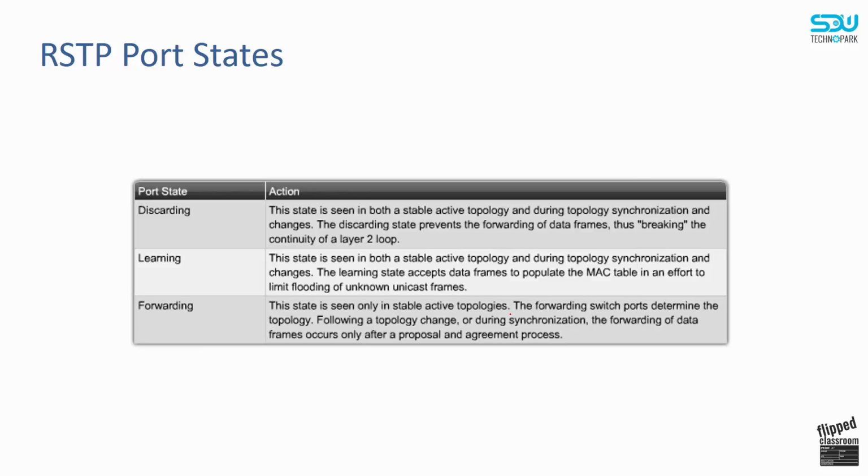Whereas the forwarding state is seen only in stable active topologies. The forwarding switch ports determine the topology, and following a topology change or during synchronization, the forwarding of data frames occurs only after the proposal and agreement process. The proposal and agreement is not covered in this lesson, so it will be covered in future lessons.